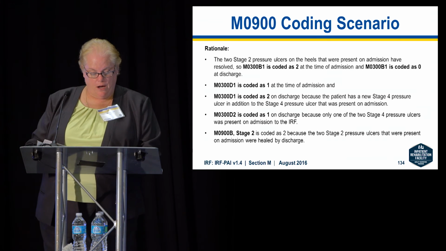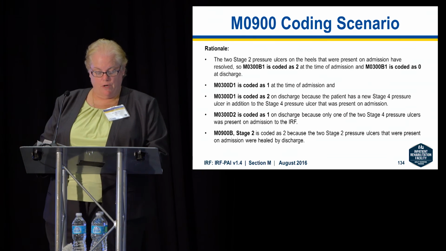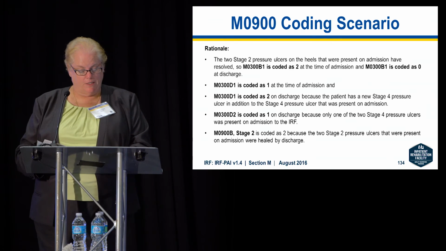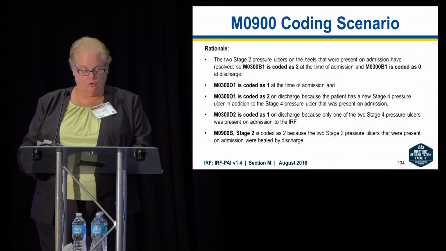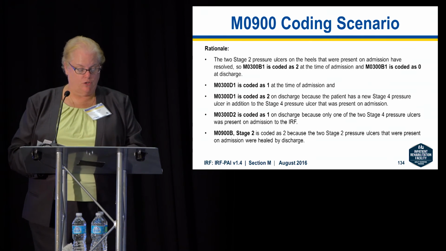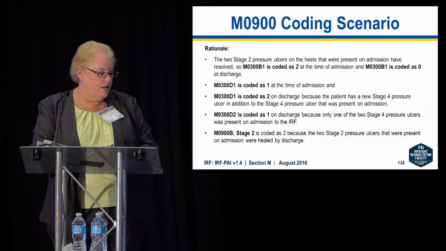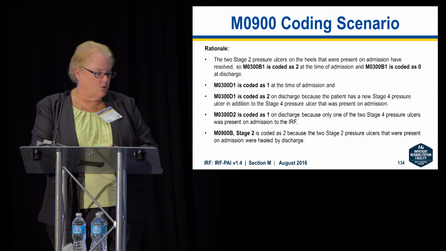And then M0900B, I'm jumping to the bottom because that makes sense to me. The stage 2 is coded as 2 because the 2 stage 2 pressure ulcers that were present on the admission were healed by the discharge. And then M0300D1 is coded as 1 at the time of admission.